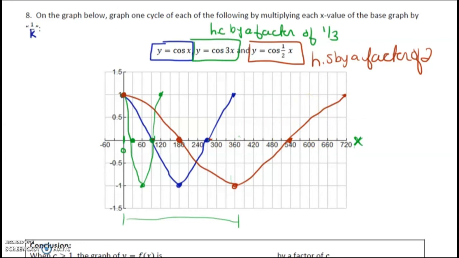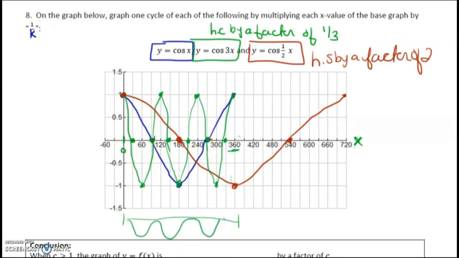Okay, I just want to quickly show this. The original is blue. If I keep graphing by patterning, and we take a look at this green, you can see that in 360 degrees, green rotates 1, 2, 3 times.